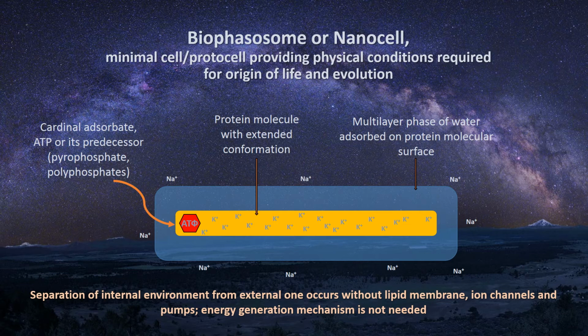It means that the Biophasosome is able to keep internal physical conditions needed for the origin of life for a long time period. Biophasosome is called a nanocell because biophasosomes have a native ability to associate with each other to form a multi-protein complex, a protocell.